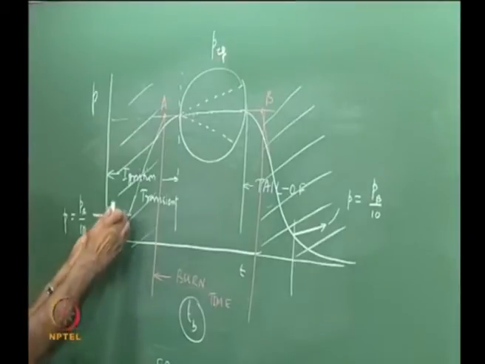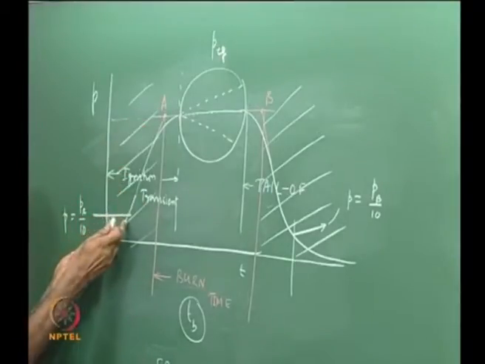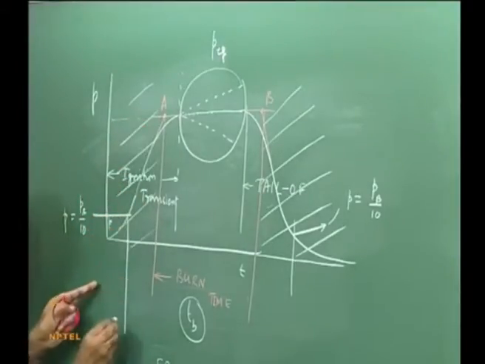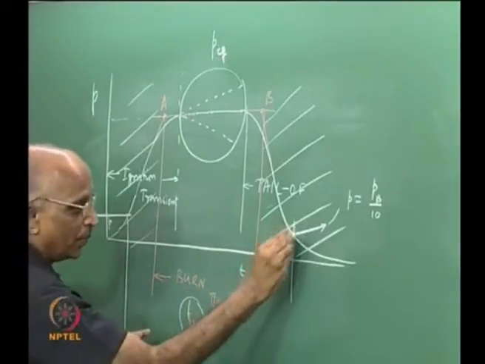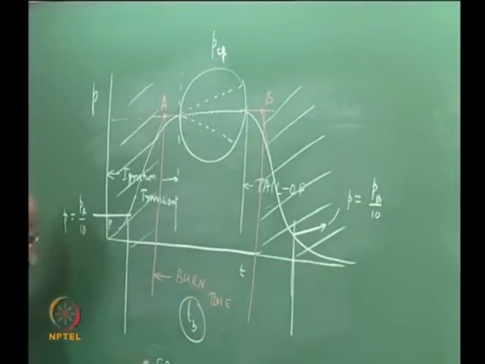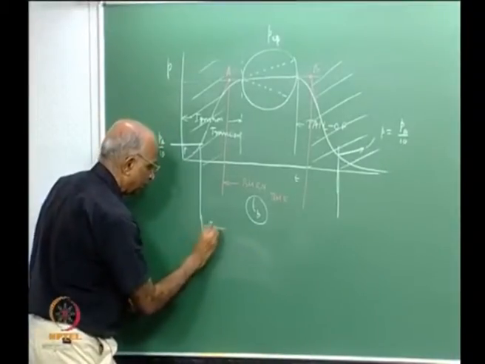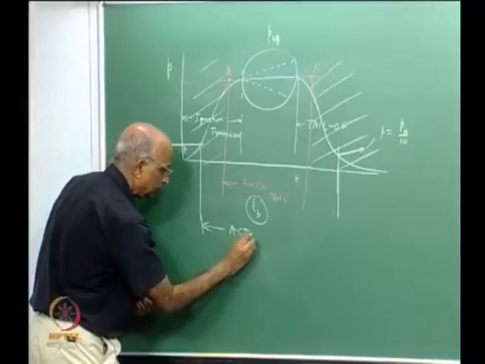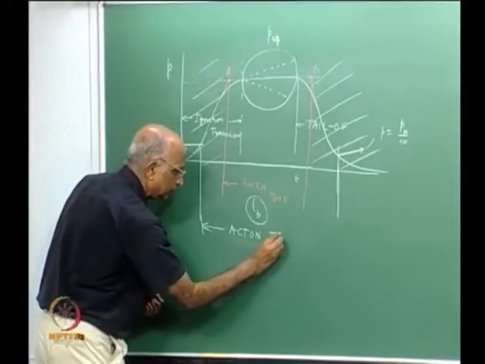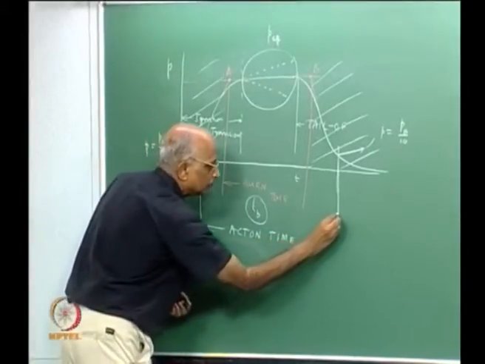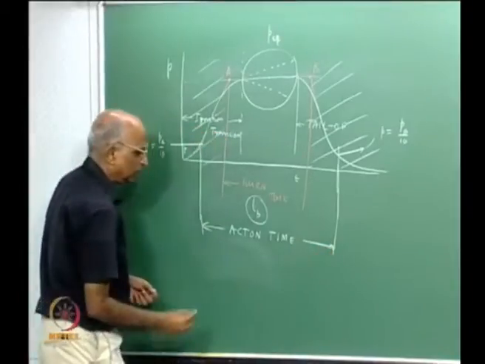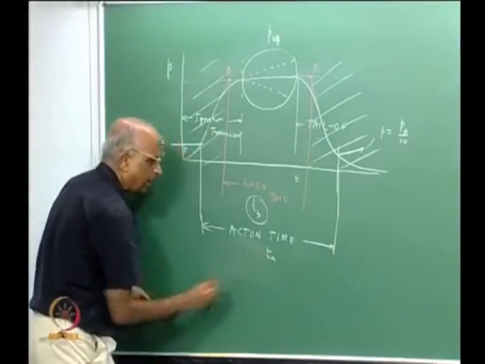And here also I get a certain impulse, very small, and the time between this point and this point is what we call the time of action of the motor, or action time, denoted by TA.